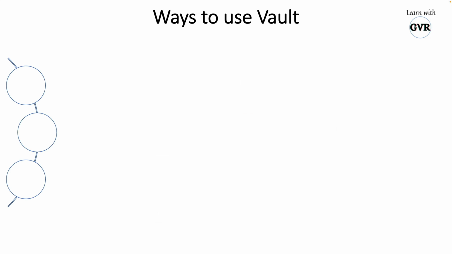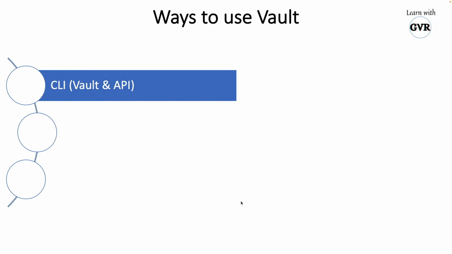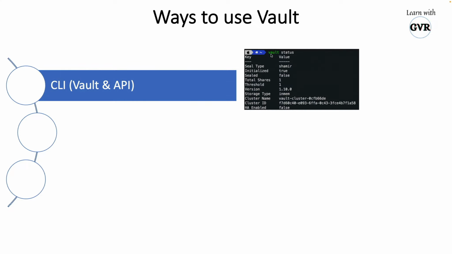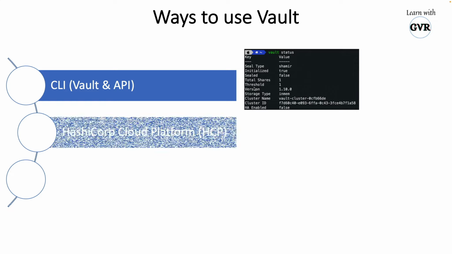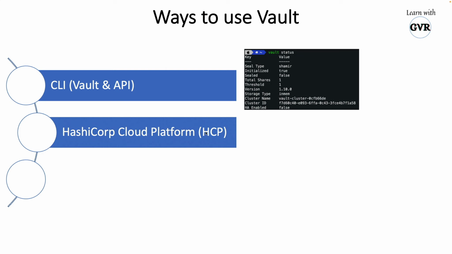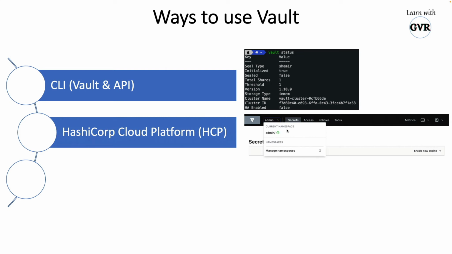how many ways can you use Vault? Number one is the CLI, which is nothing but from the command line you can put vault status, and it will show the details. Second is the HashiCorp Cloud Platform, which is HCP, where you create an account in HashiCorp Cloud, and then you can create a Vault cluster there.